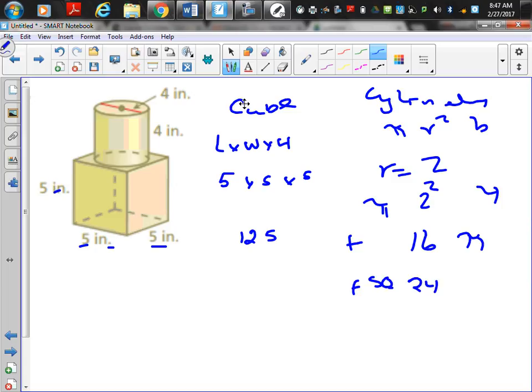Depends. It'll tell you. Did you use 3.14 or the pi button? 3.14. So 125 plus 50 and 24 hundredths. 175.24 what? Inches cubed.